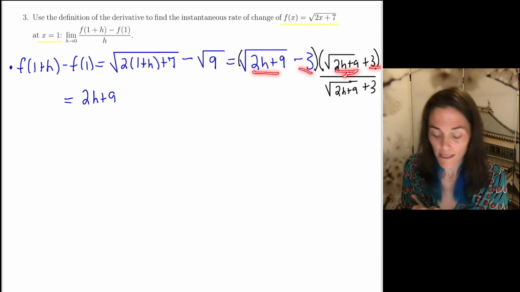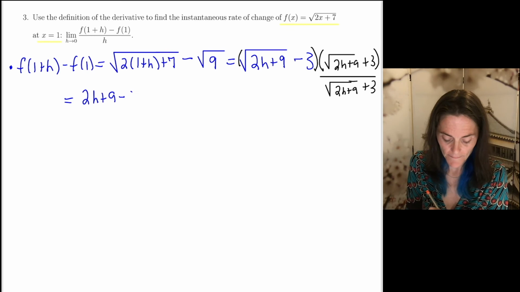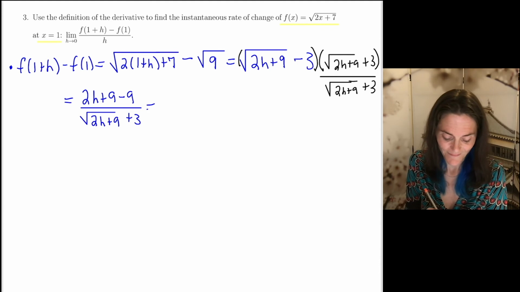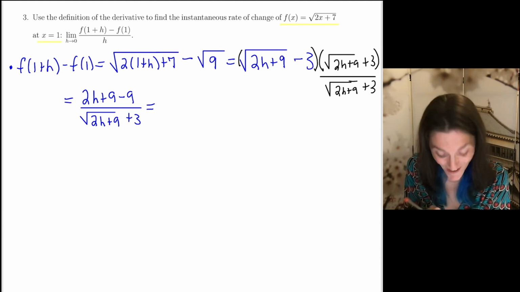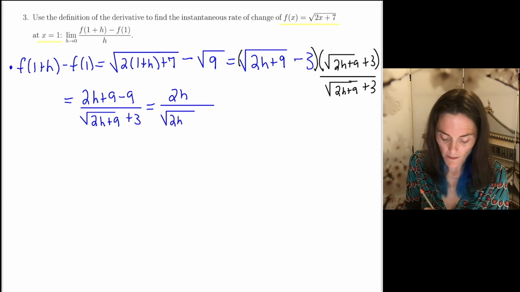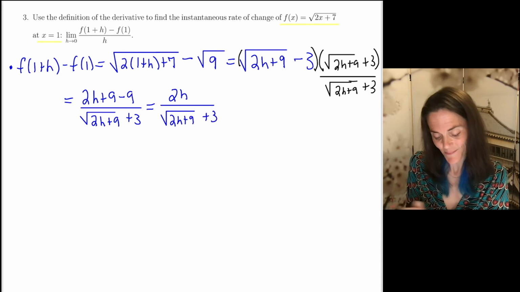And the last, I just multiply, minus 9. And then I have this denominator, which is the square root 2h plus 9, and then plus 3. Now this is looking so wonderful. We have 2h divided by the square root 2h plus 9 plus 3.